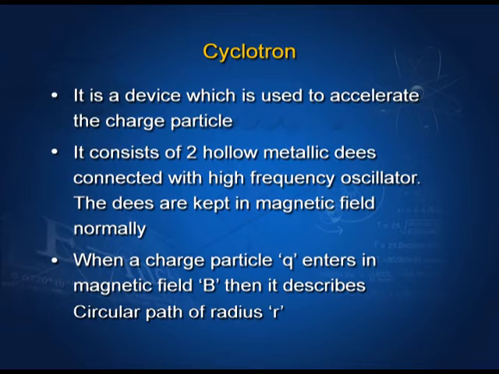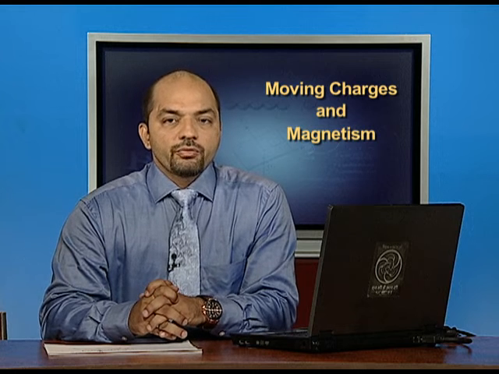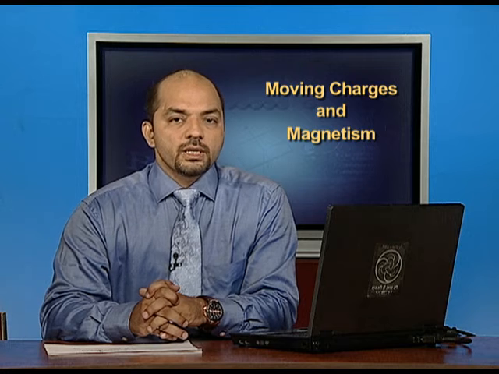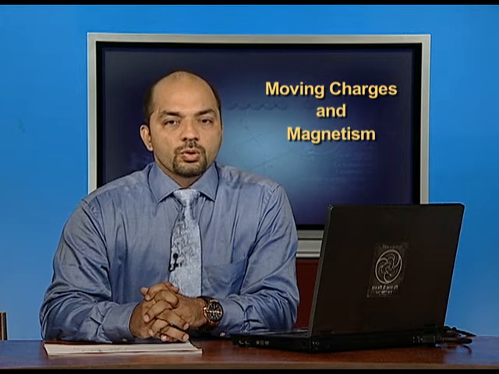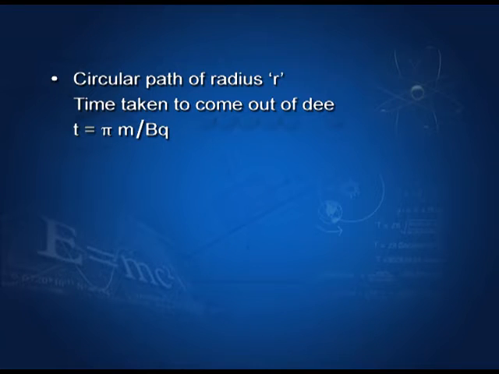When a charged particle Q enters the magnetic field B within the Ds, it describes a circular path. The electric force within the Ds is 0 because the Ds are hollow. So, the time taken to come out of the D, T, will be equal to pi m divided by BQ.